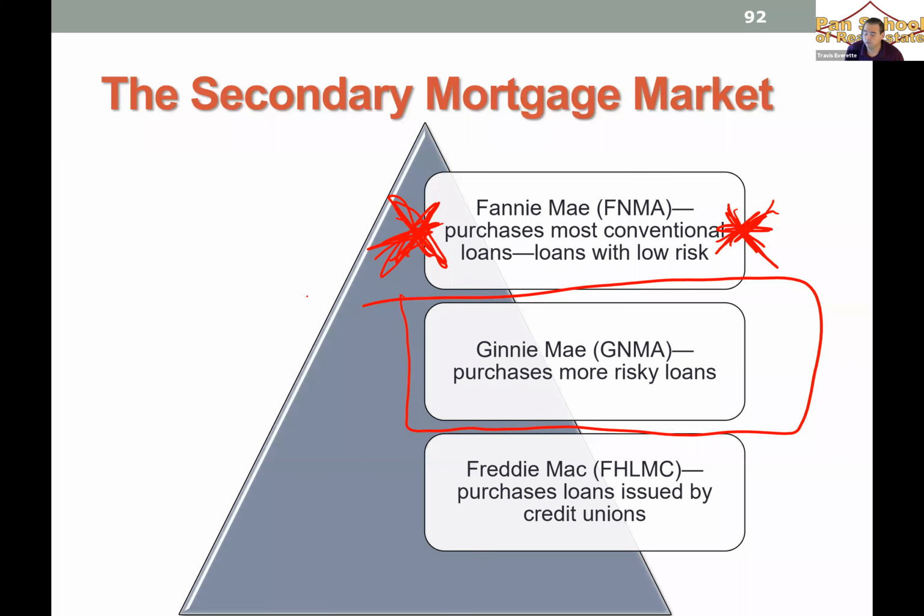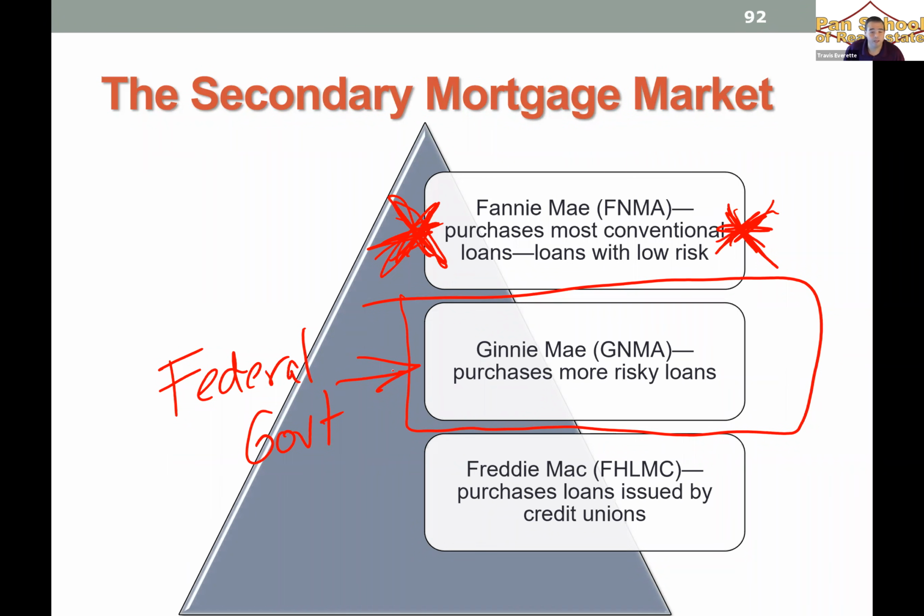And that's where Ginnie Mae comes into the picture. Ginnie Mae, GNMA, stands for the Government National Mortgage Association. This is the U.S. federal government. Ginnie Mae is owned and operated by the United States Treasury. Ginnie Mae buys loans.